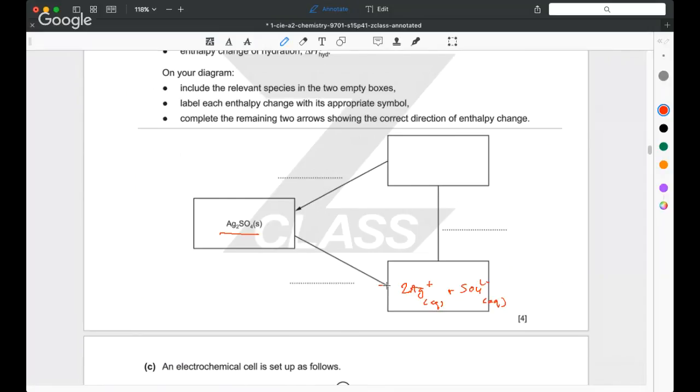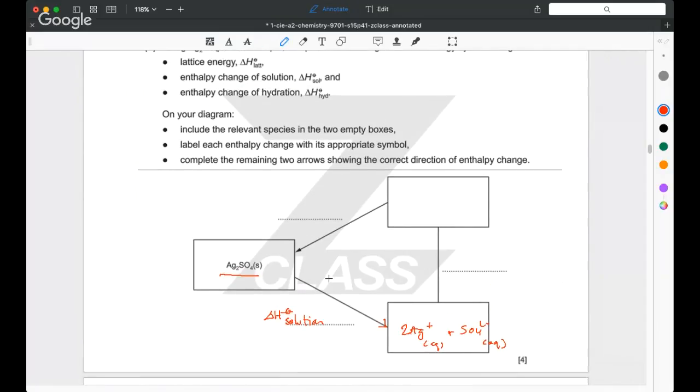And that change is the enthalpy of, or the standard enthalpy of solution, which I think was one of the ones they wanted you to give, wasn't it? This one up here. Okay, so that's the enthalpy change of solution.